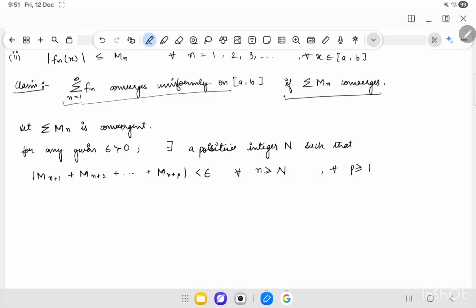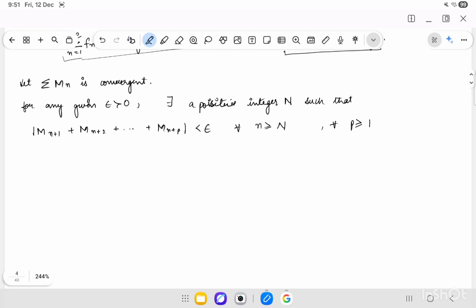We have written this using the Cauchy convergence criterion, because since it is convergent, it must satisfy the Cauchy convergence criterion as well. So this is the definition of convergence of the summation of Mn.